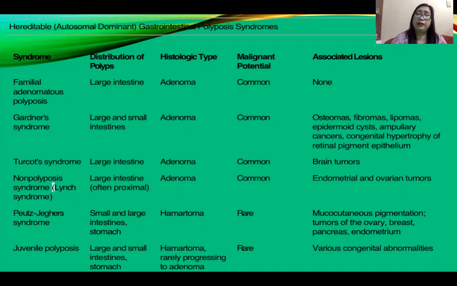You have your familial adenomatous polyposis, your Gardner's syndrome, your Turcot syndrome, your non-polyposis syndrome, which is your Lynch syndrome, your Peutz-Jeghers syndrome, and your juvenile polyposis.